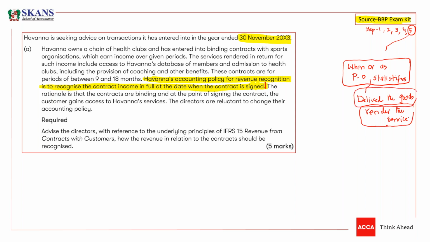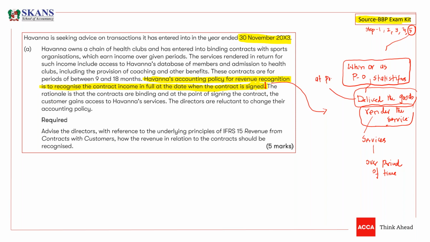So at the time of contract, you can't book a revenue. In services, if we are delivering services, we recognize revenue over a period of time. And in case of goods, we recognize revenue at a point in time.